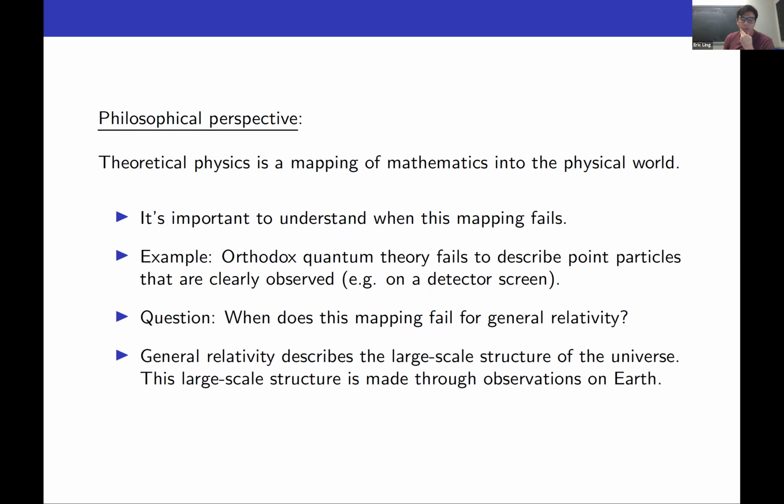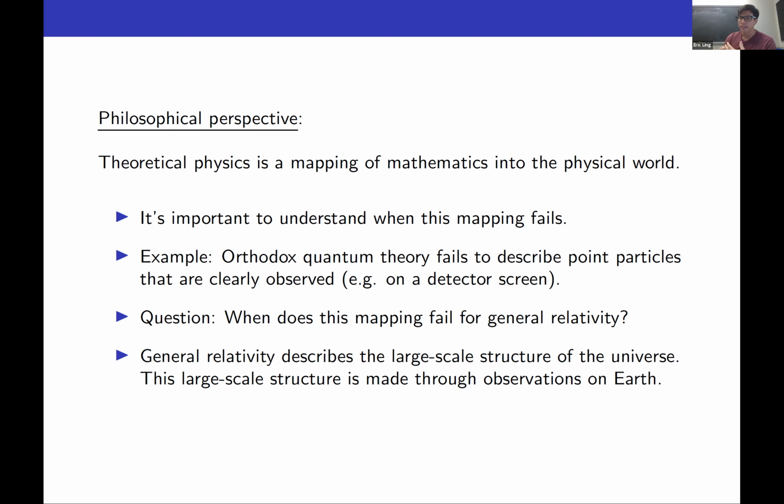So a question that I want to ask is, when does this mapping fail for general relativity? When do we have these limitations in the mathematical models that describe the solar system or the large-scale structure of the universe? General relativity describes the large-scale structure of the universe, but when we talk about it, we talk about doing observations from Earth.